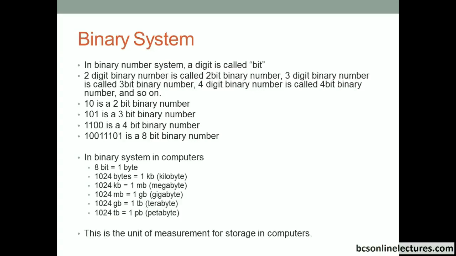For 1 second, how many bytes can be processed. So this unit is used to measure storage as well as processing speed, and many other things we will learn about in the next chapters. But for now, bits and bytes is basically the storage unit for data, right?